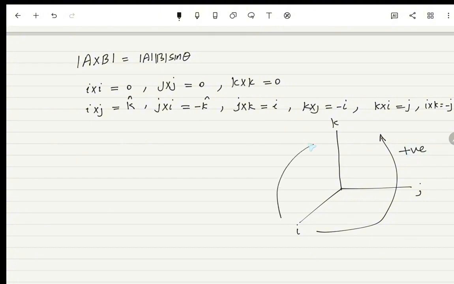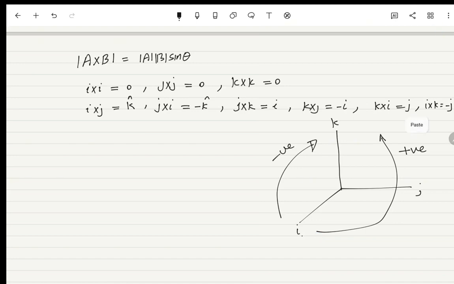If you move this way, the answer is negative. I cross j is k, j cross k is I, k cross I is j, and so on. But I cross k is minus j, k cross j is minus I, j cross I is minus k.